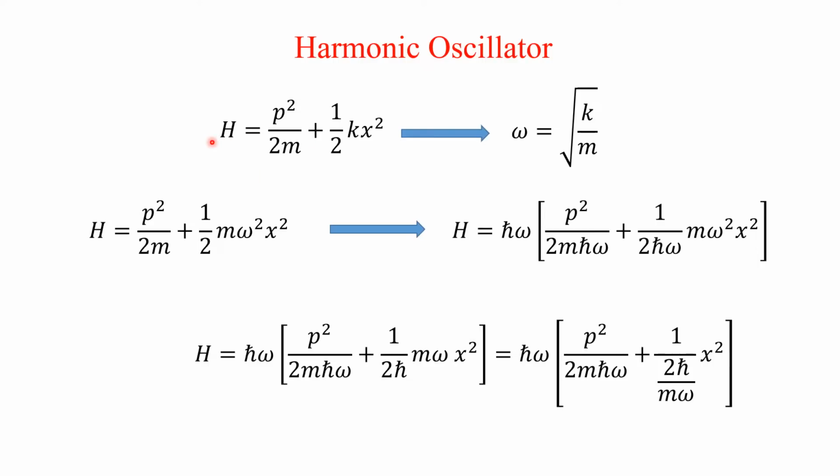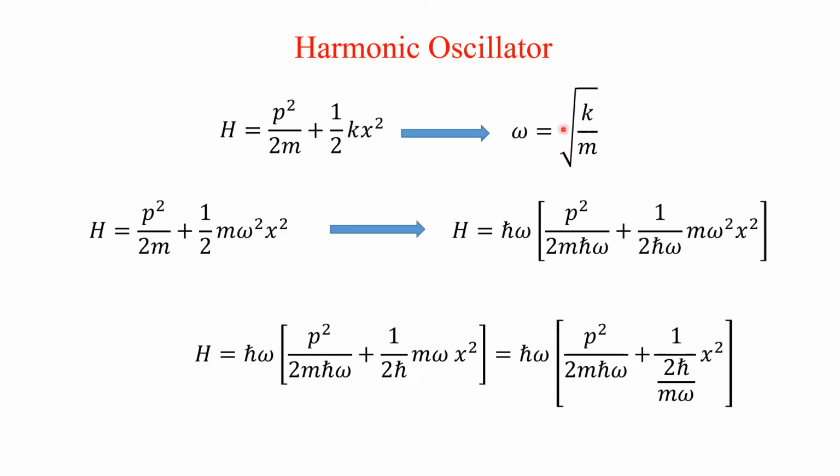The Hamiltonian for the harmonic oscillator is equal to p squared over 2m plus 1 over 2 kx squared. If you see the first term and the second term, both are symmetrical. So it is a parabolic one. We know that the angular frequency is defined by the square root of k by m.